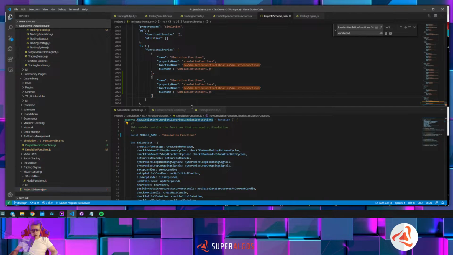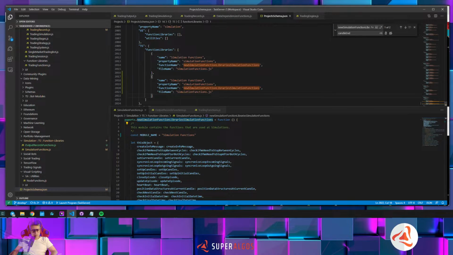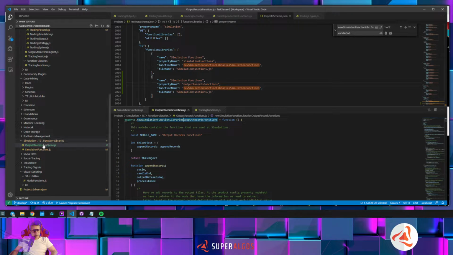And we know that this is the property name. Output record functions. This is the file name.